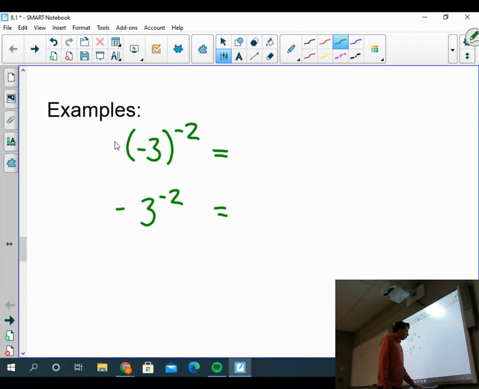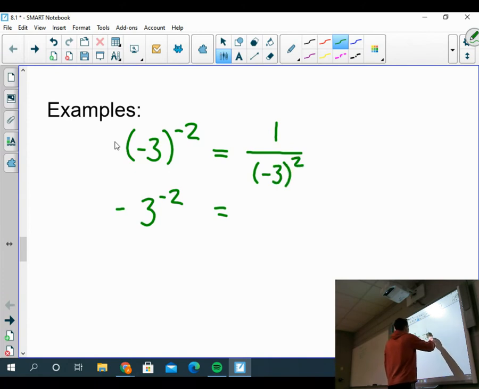And while it looks confusing, the steps are going to be pretty much the same, okay? I'm going to get rid of the negative exponent by putting it as a fraction under 1, or moving everything to the denominator of a fraction with 1 in the numerator. And that will make my exponent positive.